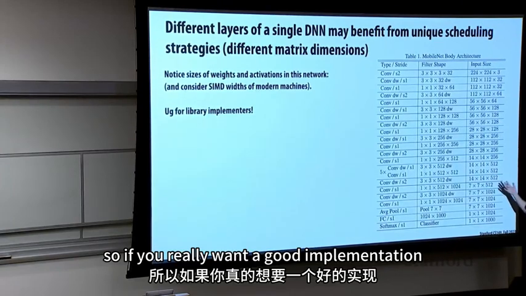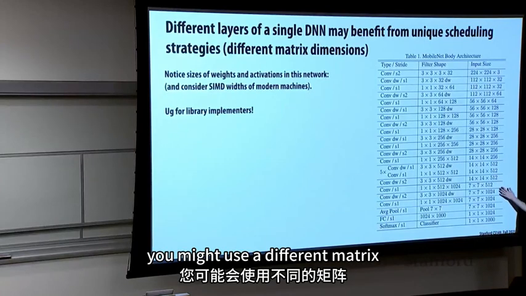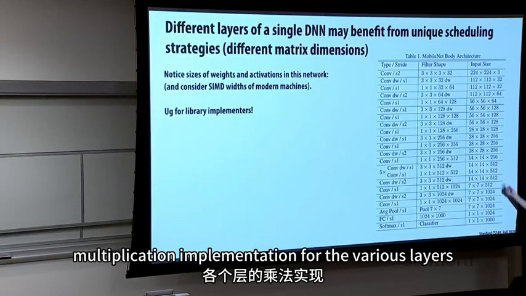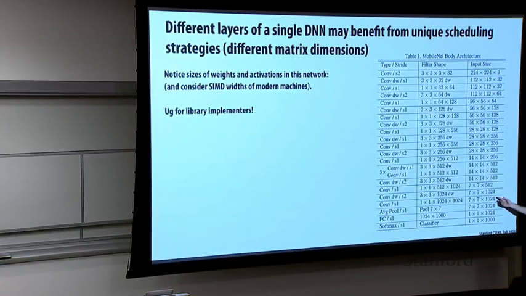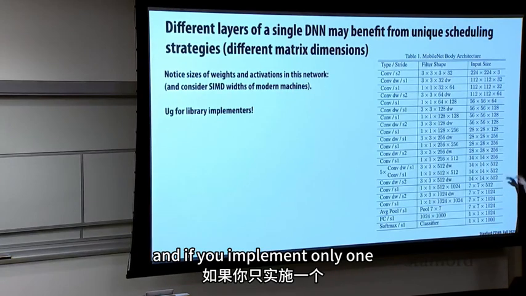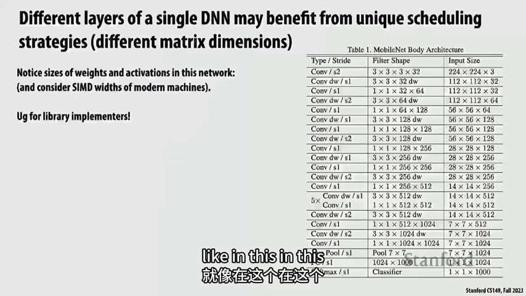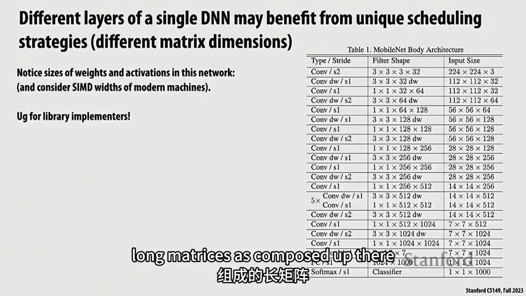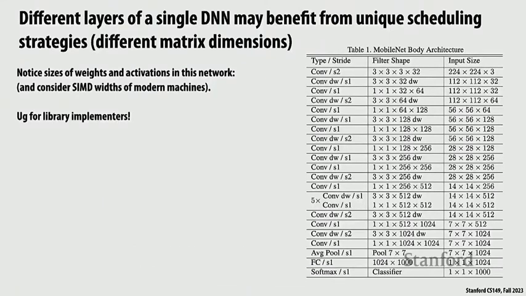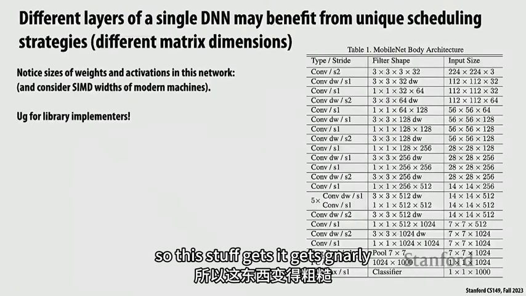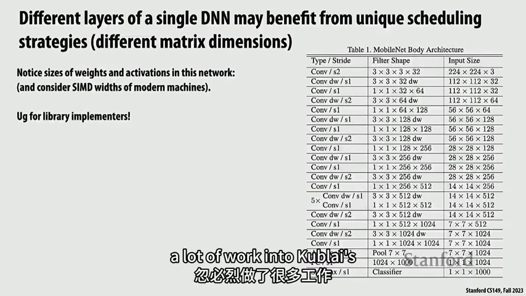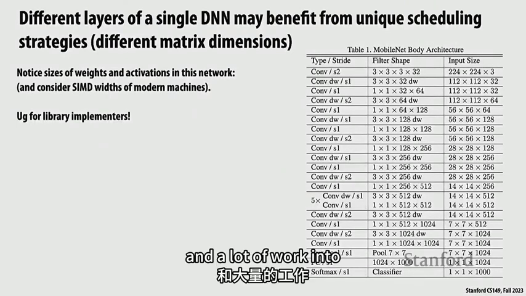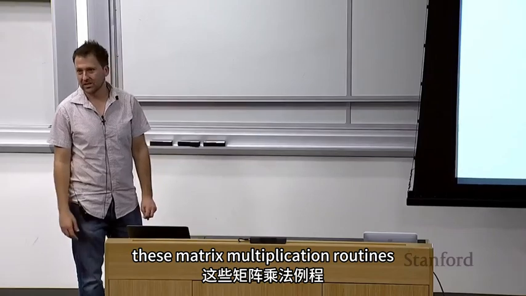So if you really want a good implementation, you might use a different matrix multiplication implementation for the various layers. And if you implement only one, you're probably going to be suboptimal, in these really weird long matrices as compared to up there. So this stuff gets gnarly, and people have put a lot of work into cuBLAS and a lot of work into these matrix multiplication routines.